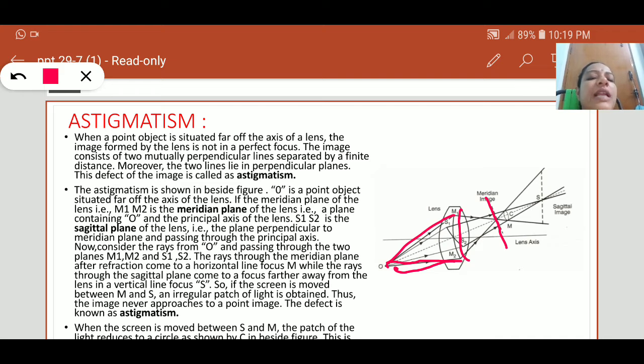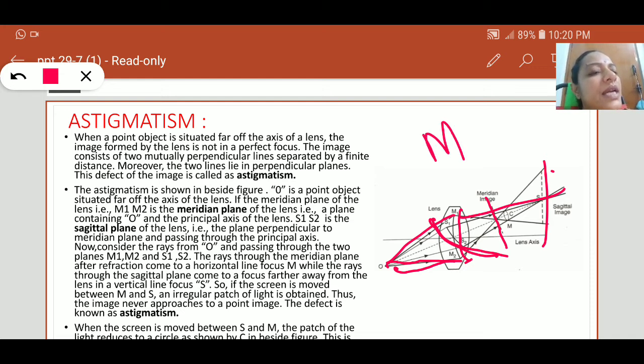While the rays through the sagittal plane, these rays which are incident on this sagittal plane, come to focus at a far point here. This is the sagittal plane. So this is the condition when the rays are incident on the meridian plane and the sagittal plane. These are formed at different points.